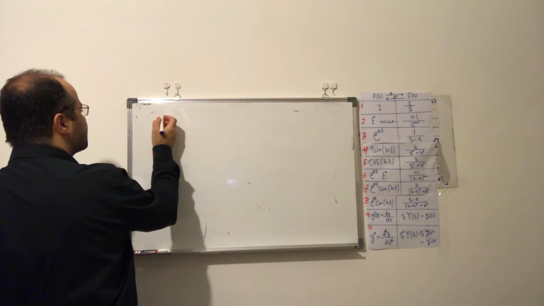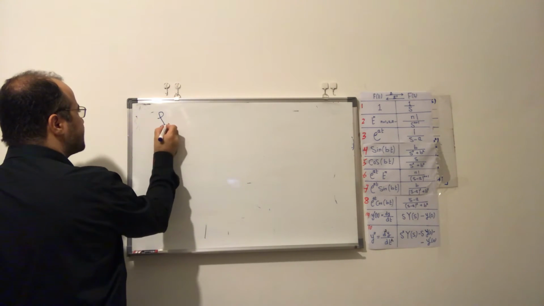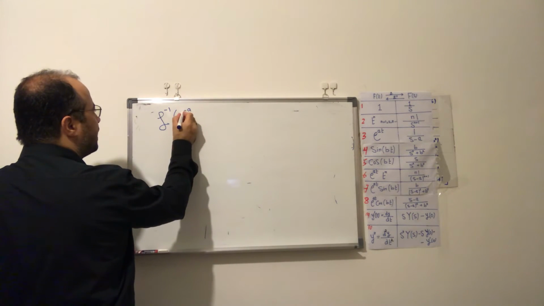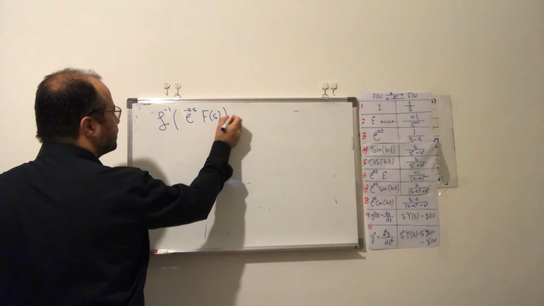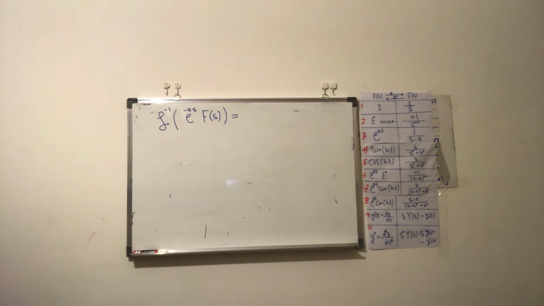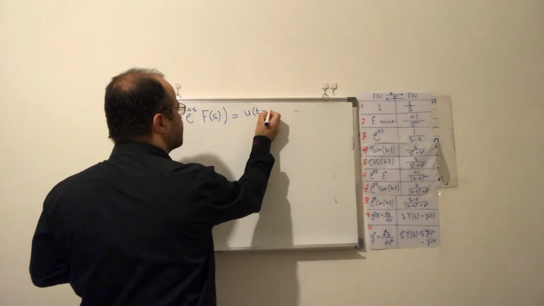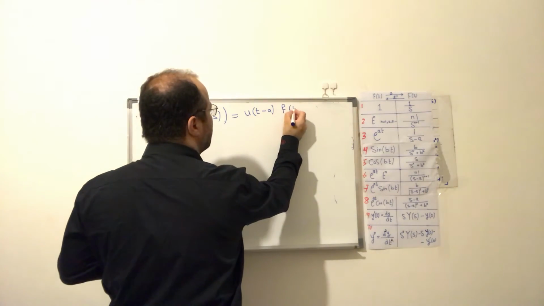When you have the Laplace inverse of something like e to the minus a times s times F of s, this will be u of t minus a times f of t minus a.